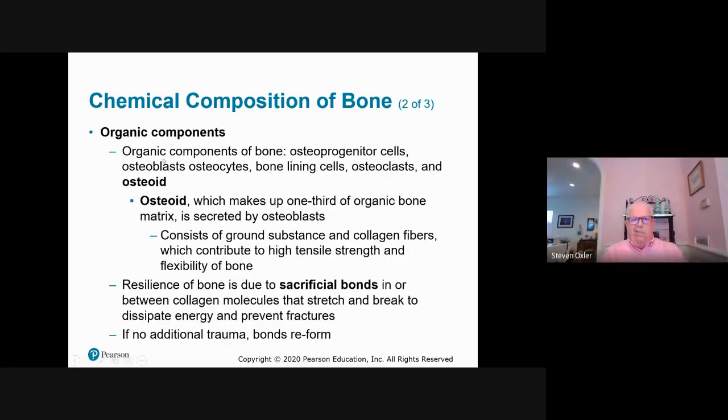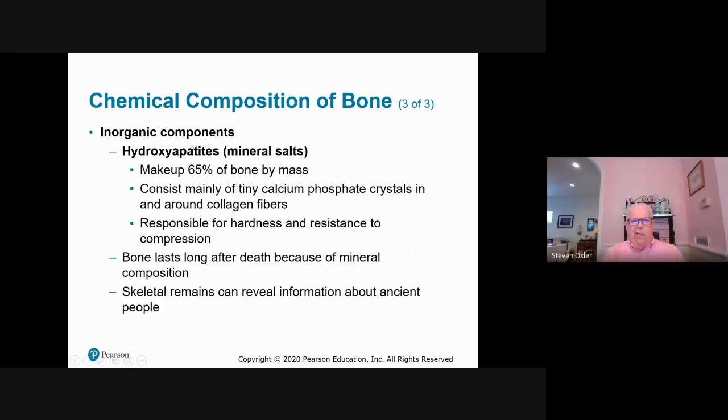Okay, again, the organic components of bone are all the cells that we talked about: osteoblast, osteocytes, osteoclast, and the osteoid. The osteoid basically is the matrix that is made by the osteoblast. It consists of basically collagen and a gel-like substance called ground substance. That is the osteoid. The inorganic components are now the mineral salts.